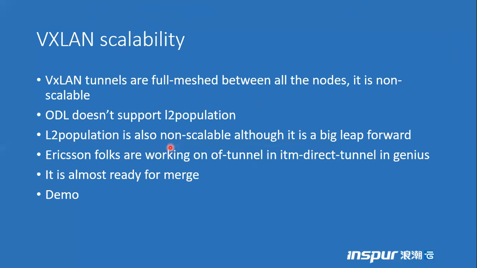For VXLAN scalability, currently Opendaylight cannot handle it. It currently uses full mesh VXLAN tunnels. OpenStack Neutron has an L2 population plugin to improve scalability, but currently ODL cannot support this.